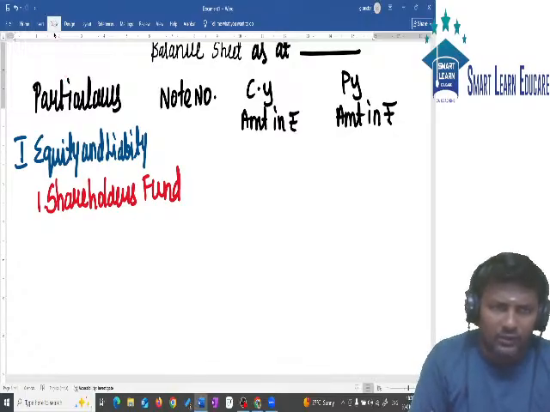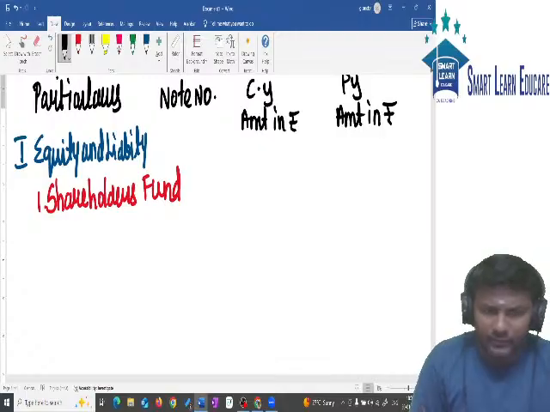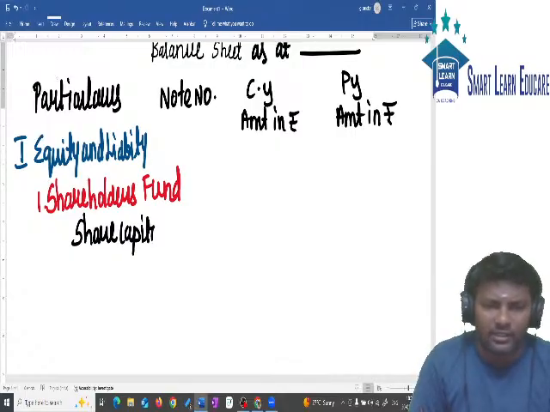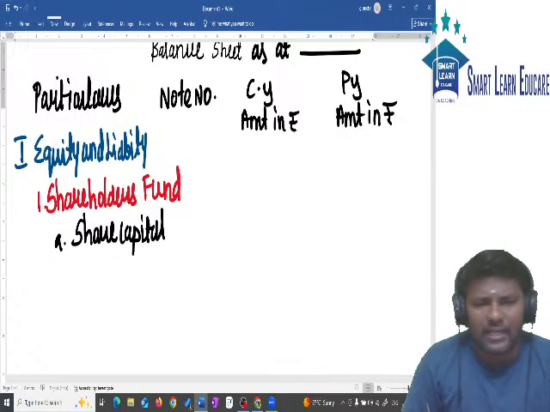Below shareholders fund, first one is share capital. Already when we learned company accounts, we learned this. First one, shareholders fund, under that it is share capital.